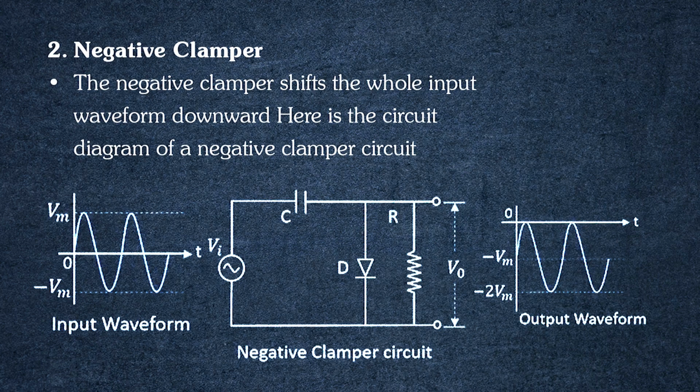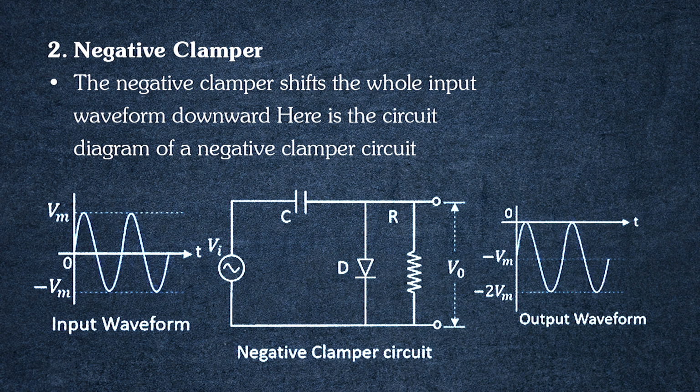Now, let us study the negative clamper. The negative clamper shifts the whole input waveform downward with respect to the reference level, which is 0 volt. Here is the circuit diagram shown in the figure, in which the diode is connected in the opposite direction such that the waveform is shifted downwards from the reference line.